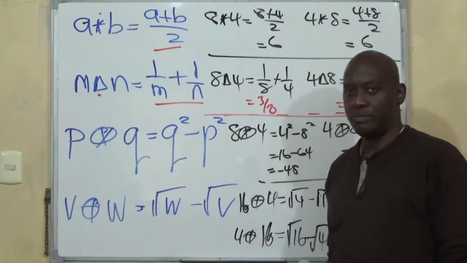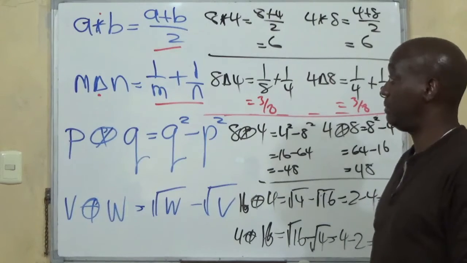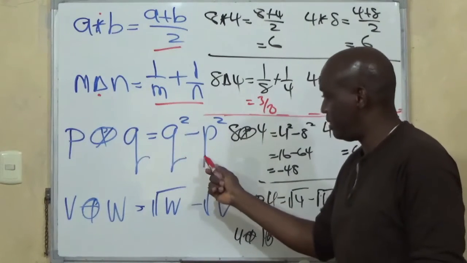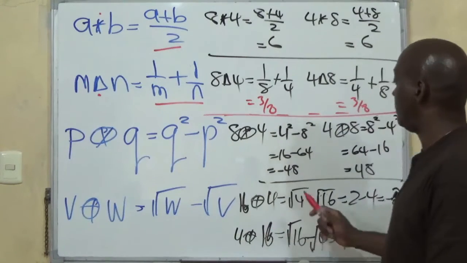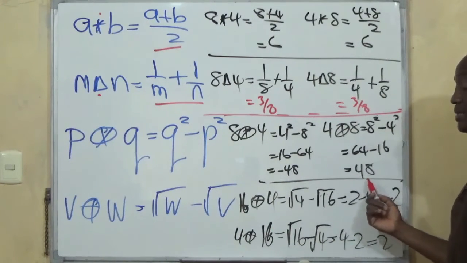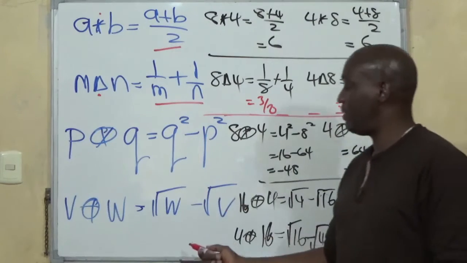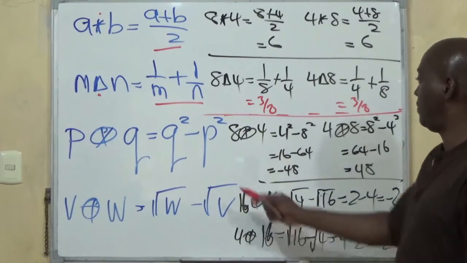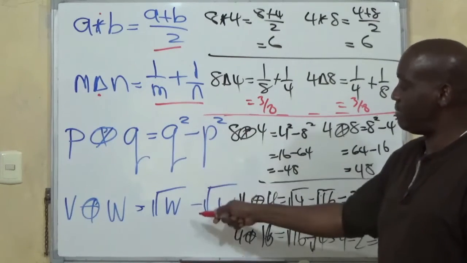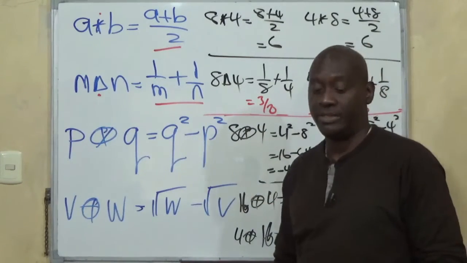Over here now, different story. This operation as defined by this operator is not commutative, because in one case you have minus 48, in the other case you have plus 48. Same story here. In one case you have minus 2, in the other case you have plus 2. Both of them essentially involve subtraction, which we know is not commutative.